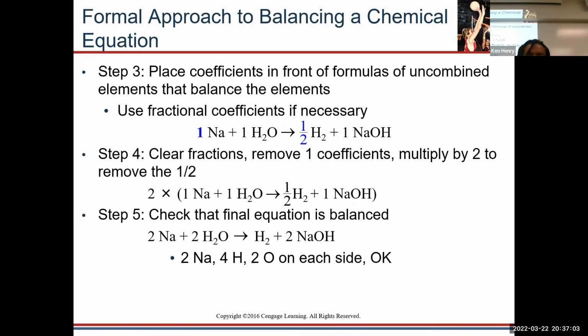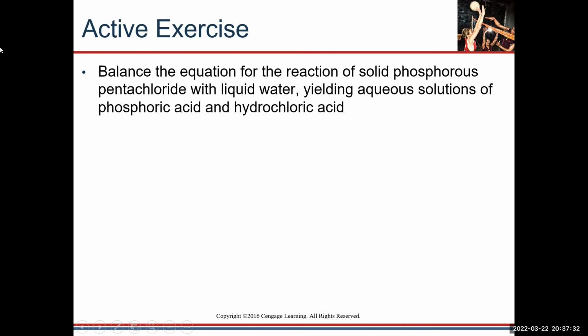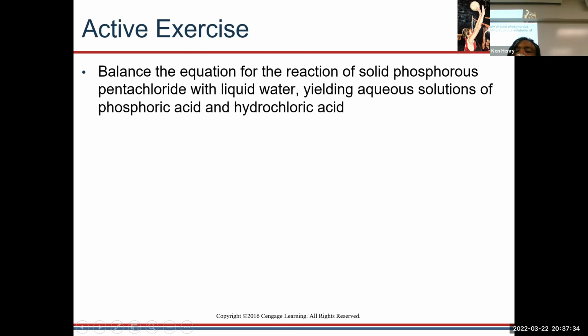Okay, so we've already done this. Balance the equation for the reaction of solid phosphorus pentachloride with water, yielding the aqueous solution of phosphoric acid and hydrochloric acid. So phosphorus is P. So it's solid phosphorus pentachloride.